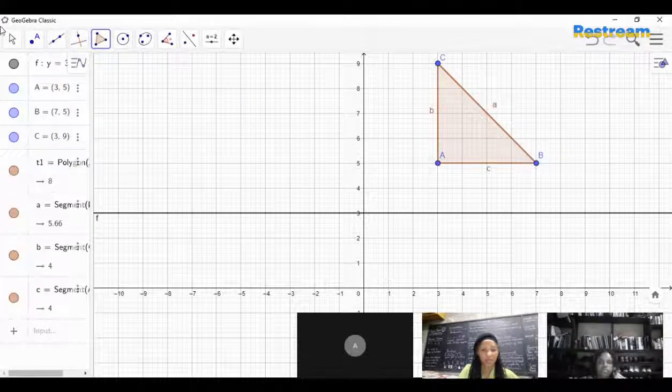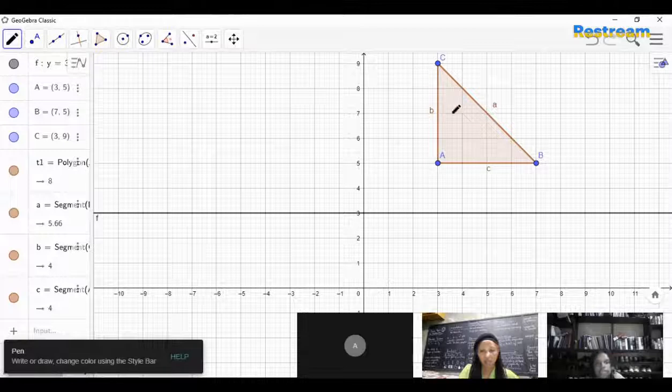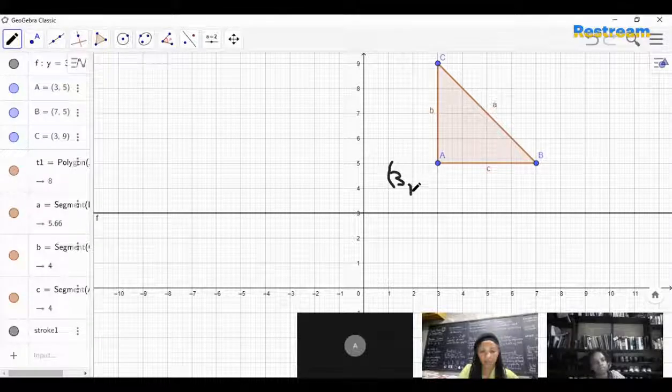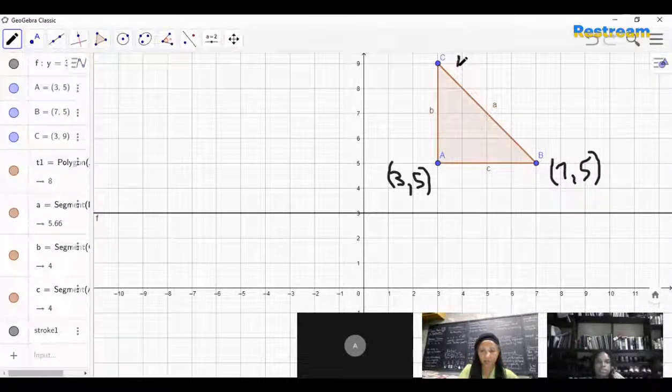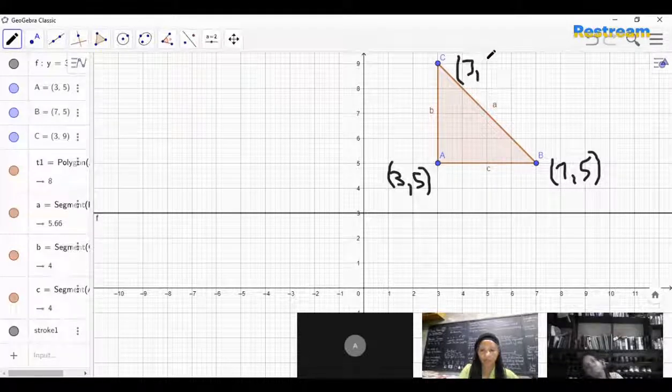All right, so tell me the coordinates of A. A is (3, 5). B is (7, 5). And C is (3, 9).